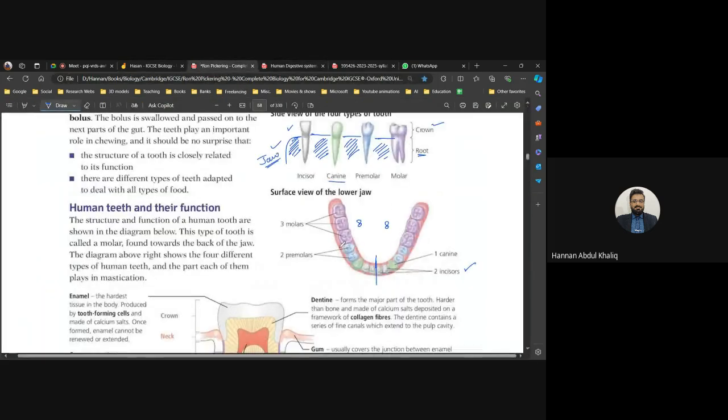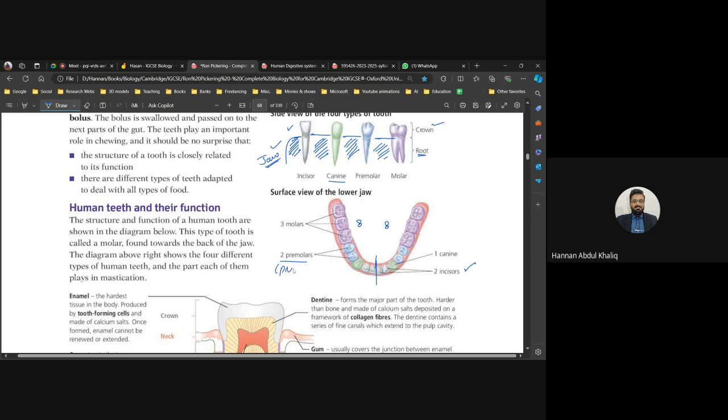Then comes the incisors are two, the canine is one on one side. Now premolars. What is this? The premolars are those teeth which work as grinding teeth.